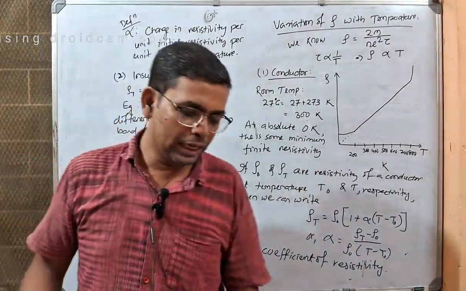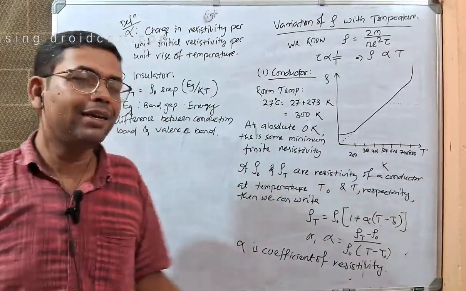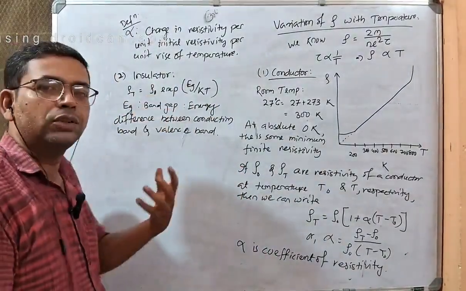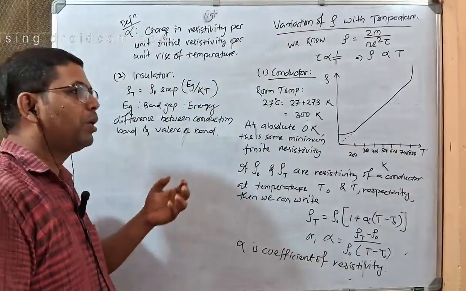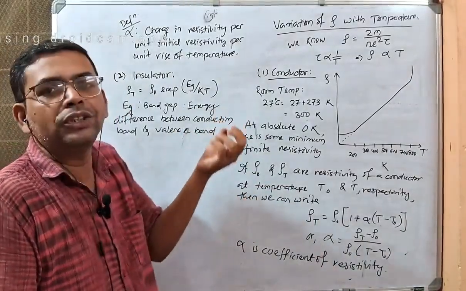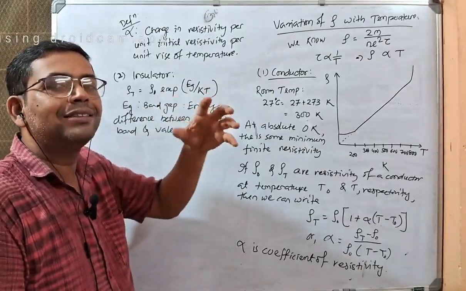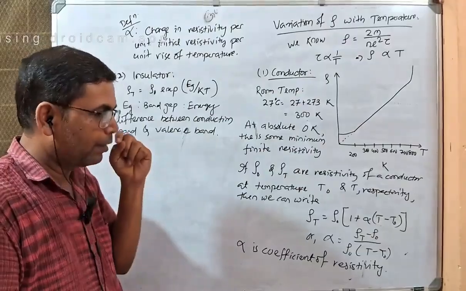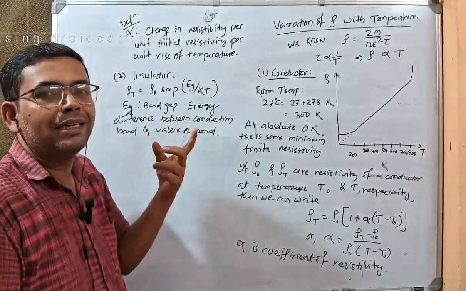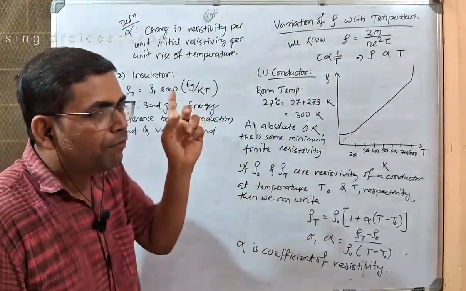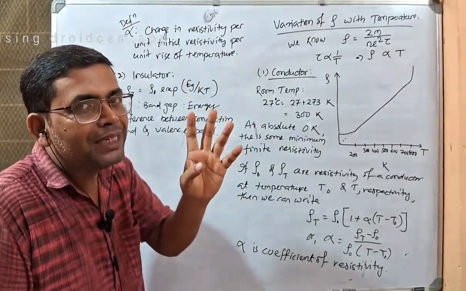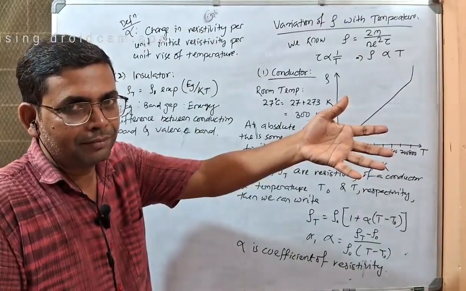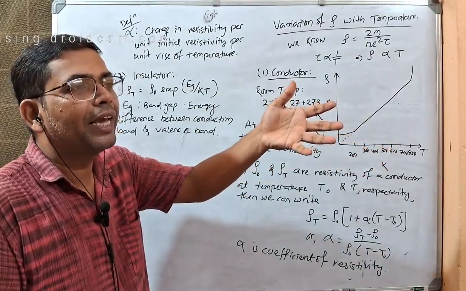What happens in insulators? There are no free electrons to conduct electricity, but when we increase the temperature, a few valence electrons get energy and become free. If a few electrons become free, they are now eligible to carry current.